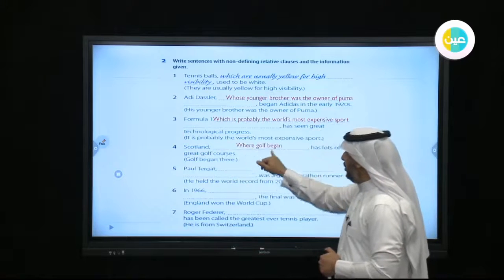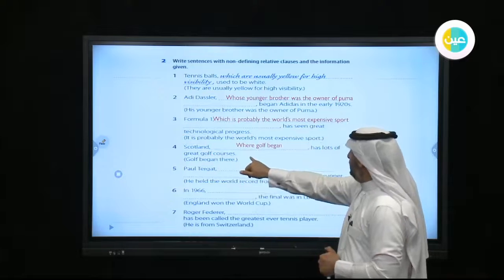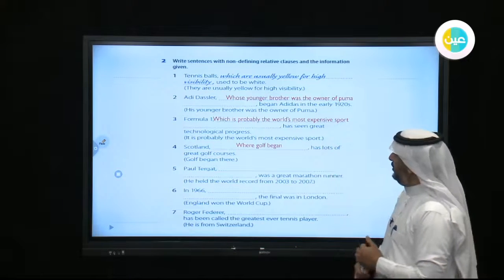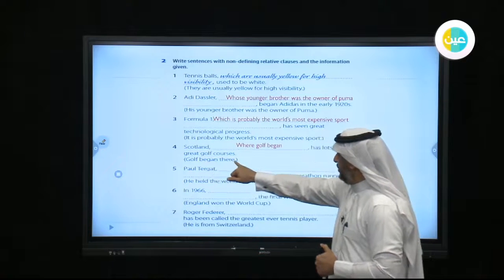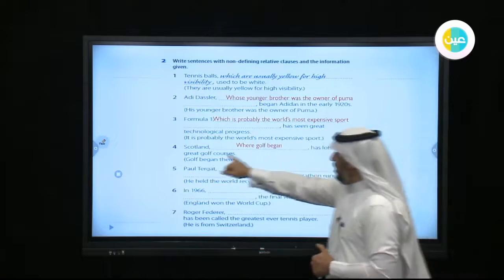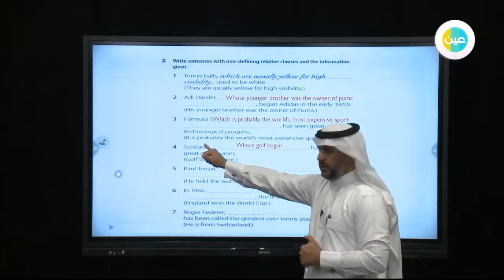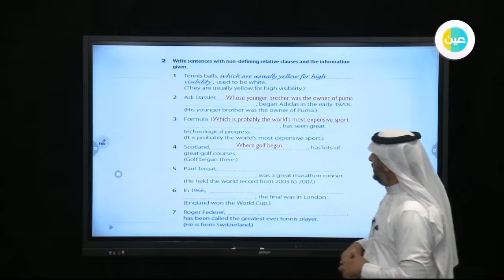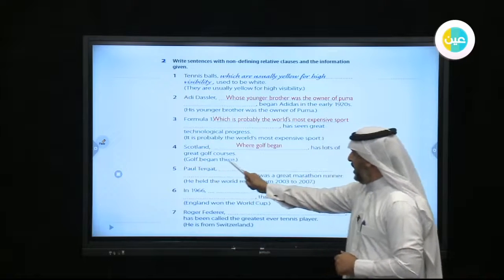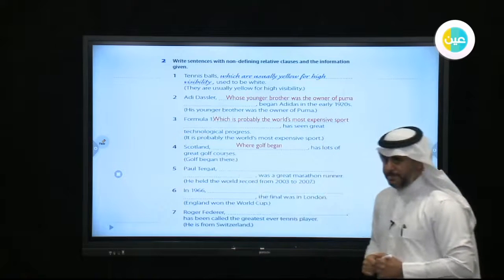Scotland, where golf began, has lots of great golf courses. Again, number 4, Scotland is a place. We used where.